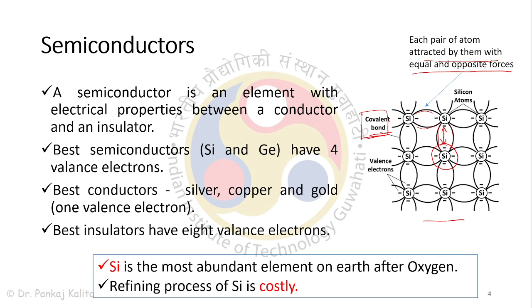So basically it doesn't have any more occupancy for another electron, so it's stable. Silicon is the most abundant element on earth after oxygen, but the refining process of silicon is very costly.